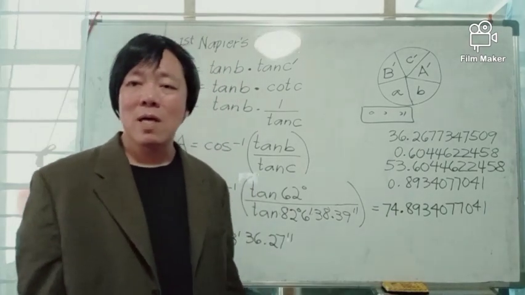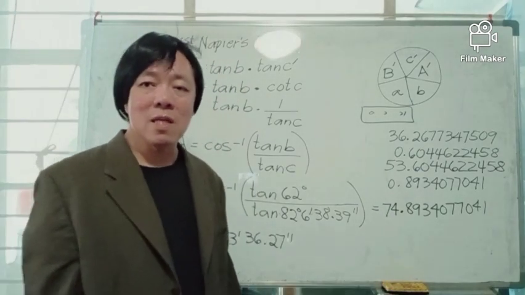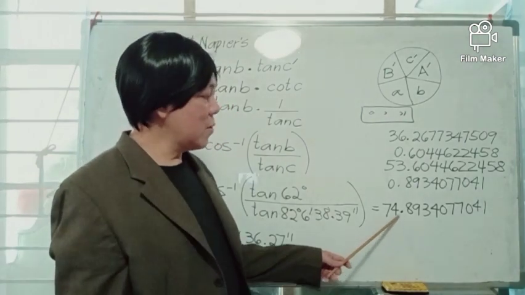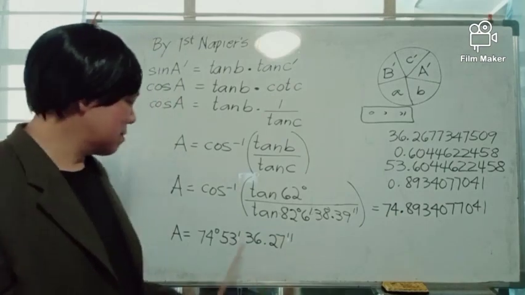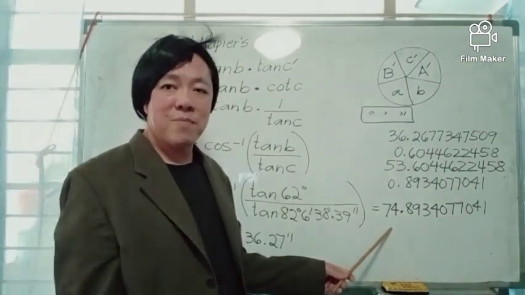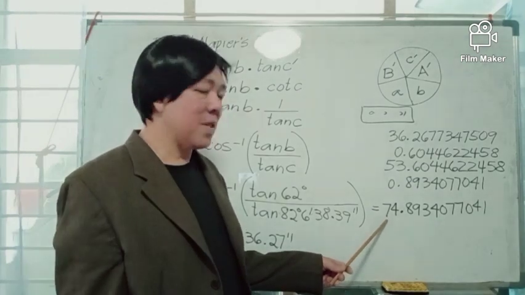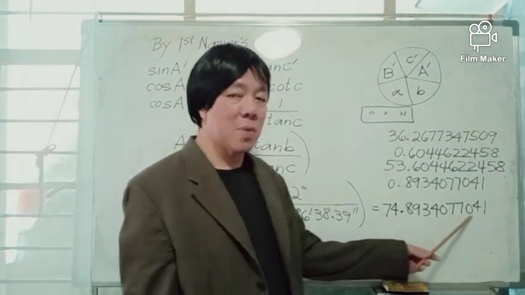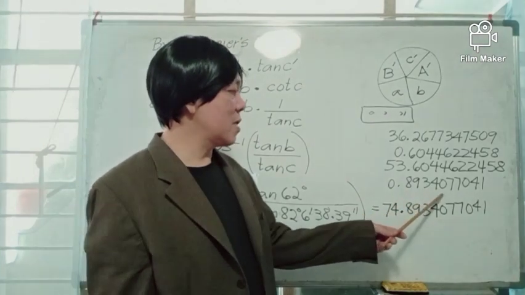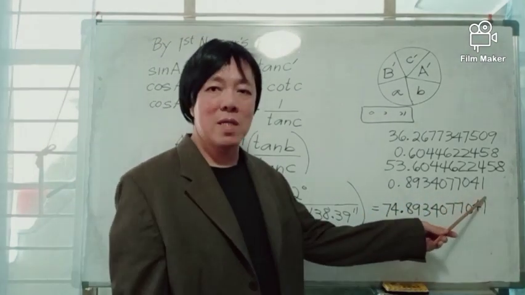But again, we write the final answer in degrees, minutes, and seconds. Take the whole number, 74 degrees. And in your calculator, you subtract 74 from this number. You should get 0.89340.77041.